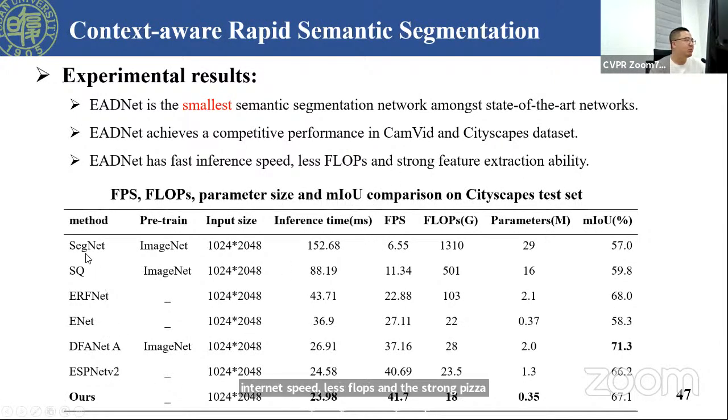We can see compared with FlagNet, EFNet, ENet, DFANet A, and EFPNet V2, our method achieves a very fast inference speed with only 23.98 milliseconds at such resolution, and also its FPS, FLOPs, parameters, and mIoU are most competitive among all these methods.